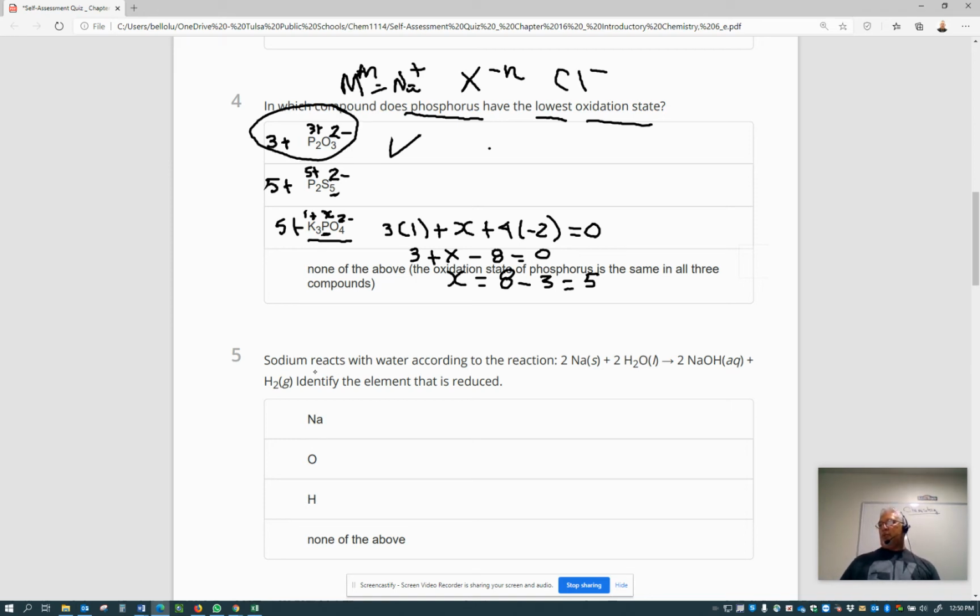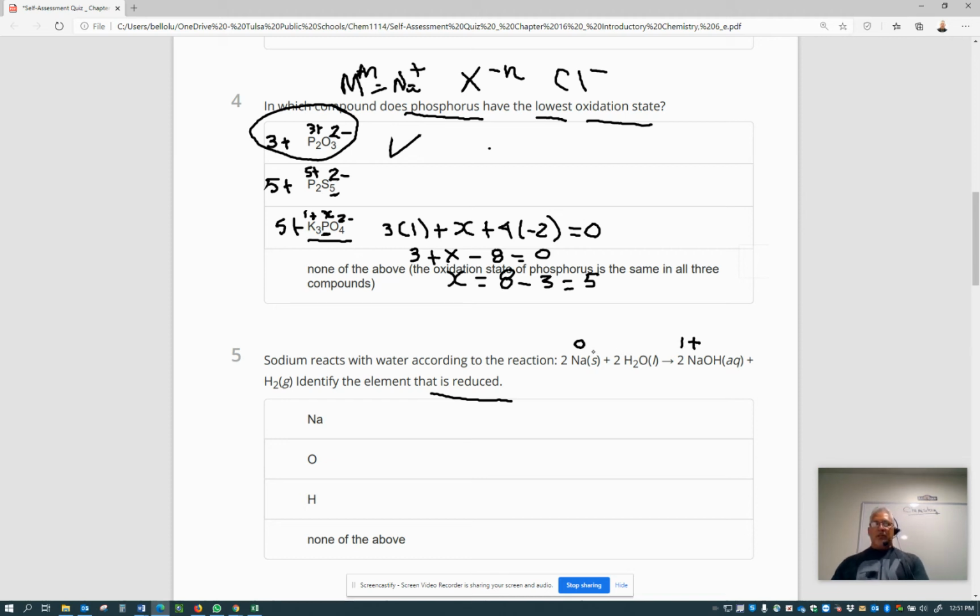Let's go to the next one. Number 5: sodium reacts with water according to the following equation. Identify the element that is being reduced. Sodium's oxidation state is 0, as a metal in the ground state without forming any compound, and here it will be 1 positive.